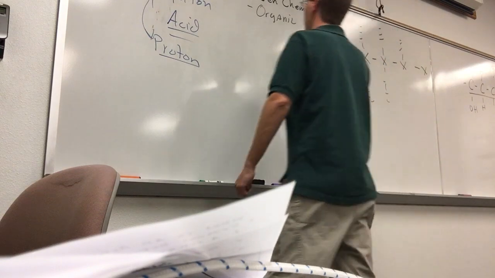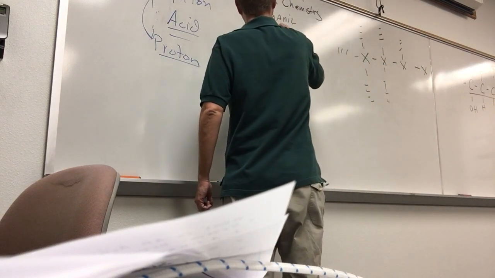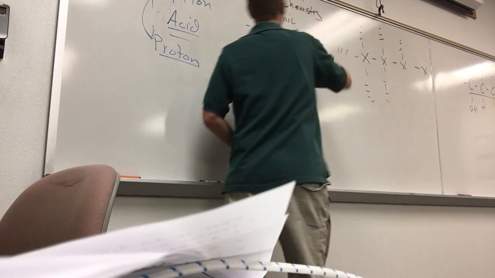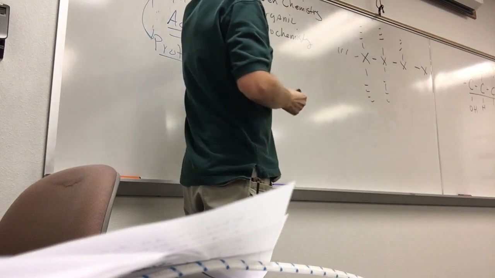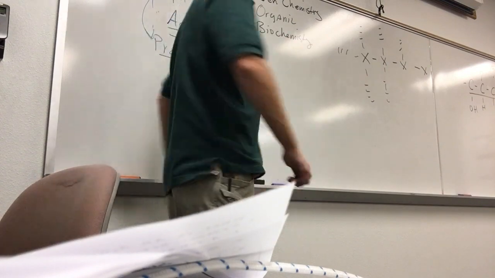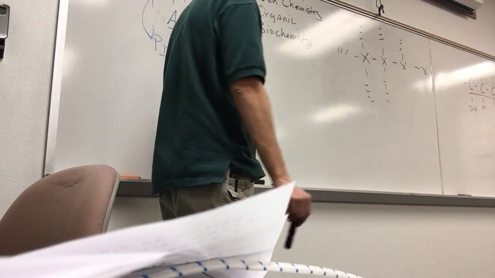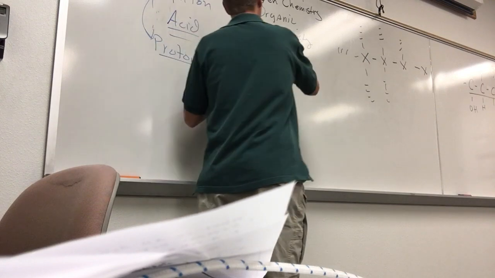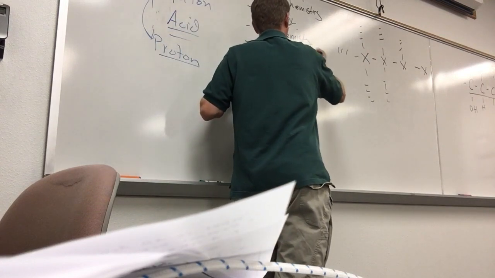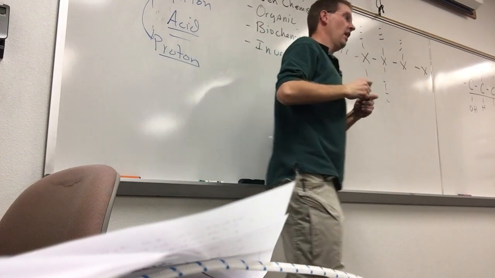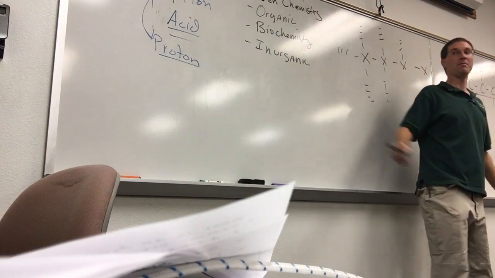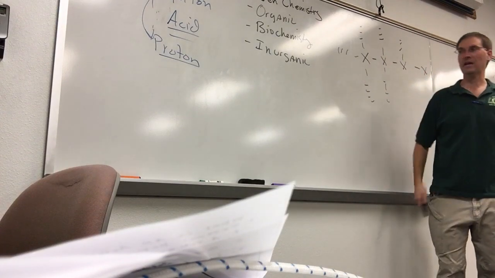Now, you also have something called biochemistry, which is pretty important for us because that's specifically the chemistry of biological systems, of which the human body is a very complex one. Another form of chemistry is inorganic chemistry. That's the study of atoms other than carbon, tends to be metals.